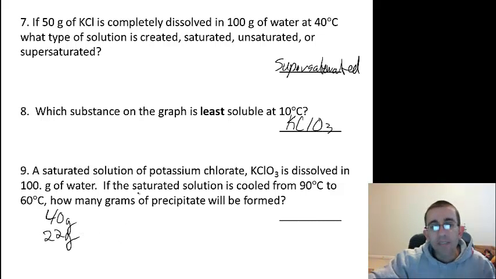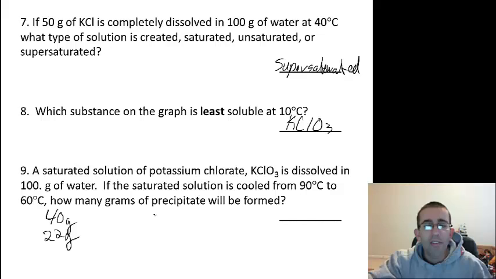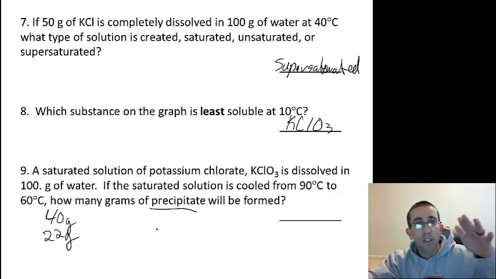Now, this says that it's only a saturated solution. And so what happens when we cool it down is at 90 degrees it can have 40 grams, but when we cool it down to 60 degrees it can only hold 22. And it's not supersaturated, so it doesn't say dissolve. So this term precipitate means that our solute will actually start to form on the bottom.